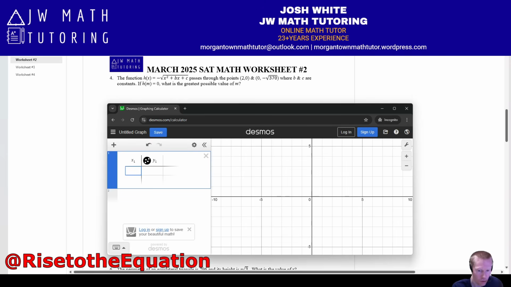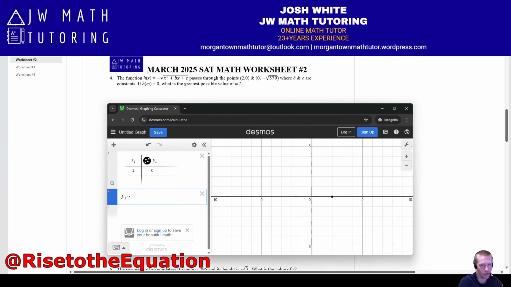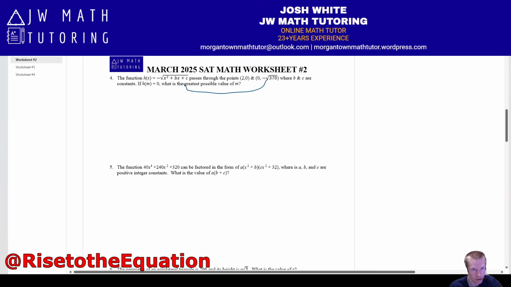One way to get the workaround is to just type in the C value. Sorry, I want to put in 20 here. If you plug in 0 for x, you take this point and plug it in, this is 0, this is 0.